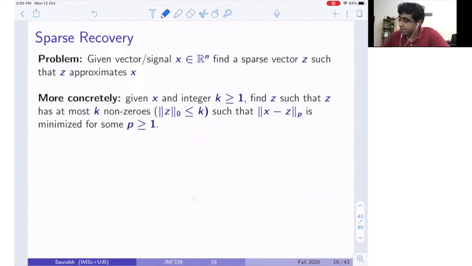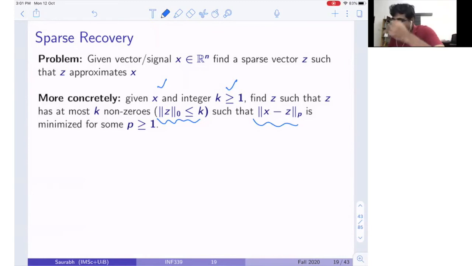More concisely, given x and an integer k greater than or equal to 1, I would like to find z such that z has at most k non-zero entries, that is, the zeroth norm of z is at most k, and such that the p-norm of x minus z is minimized for some p greater than or equal to 1.